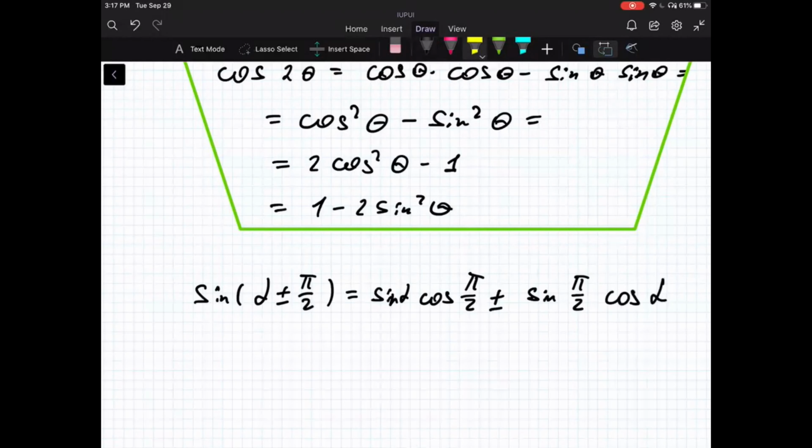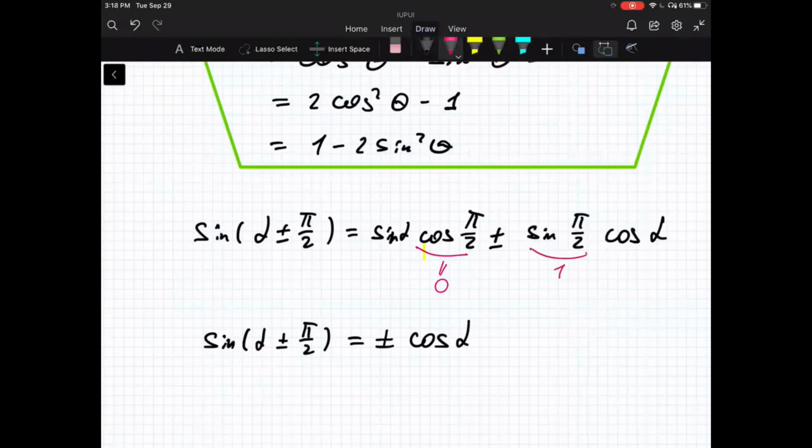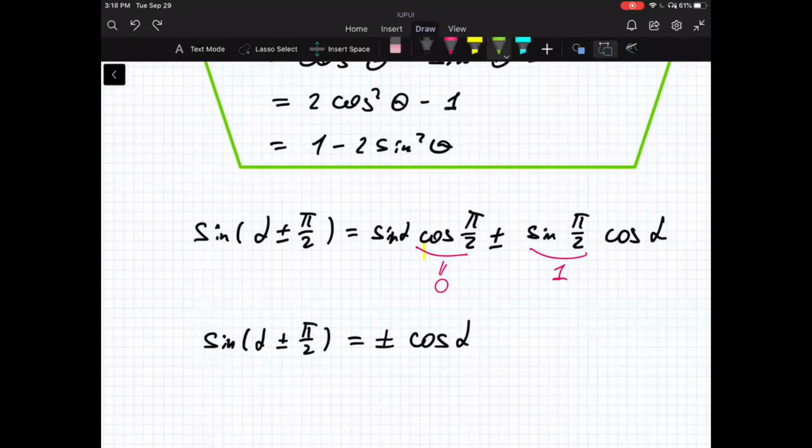But the point is that cosine of pi over 2 is equal to 0. And so the first term disappeared, and you get that sine of alpha plus minus pi over 2 is equal to plus minus cosine of alpha. And yes, sine of pi over 2 is equal to 1. So this is the connection between sine and cosine.